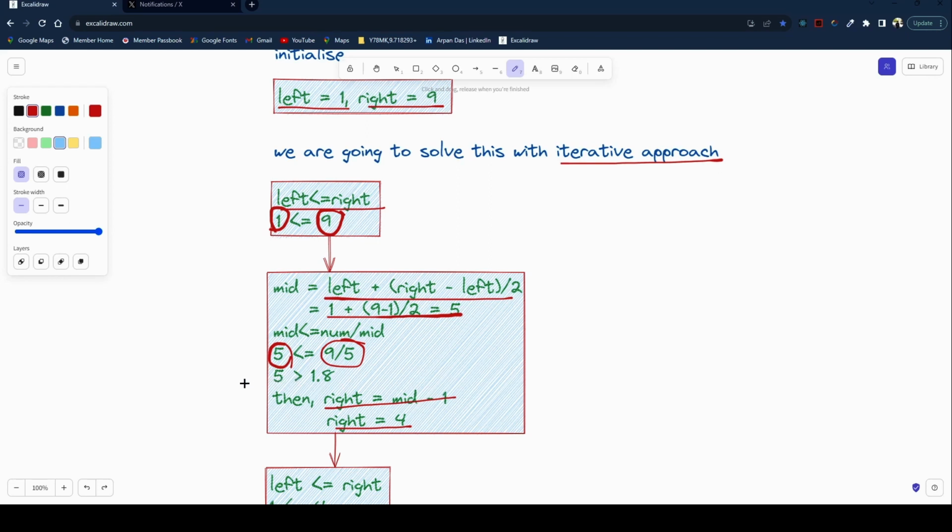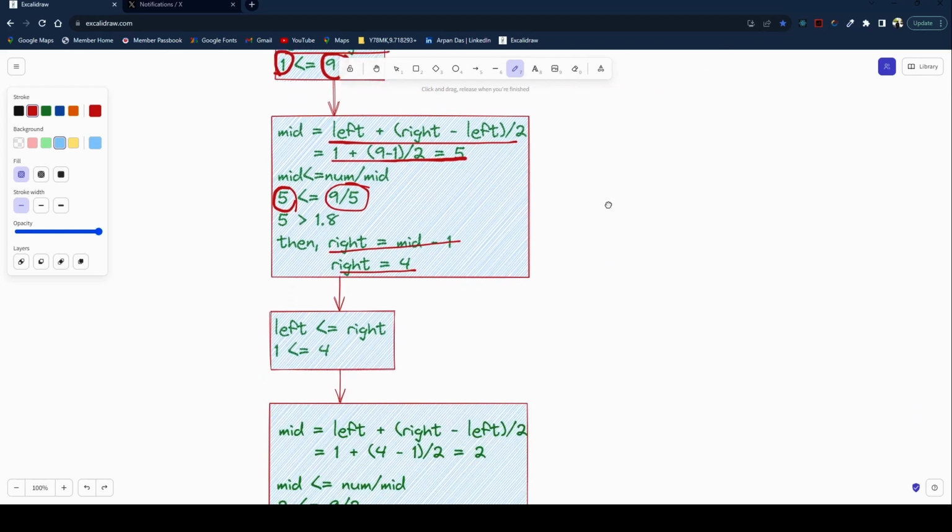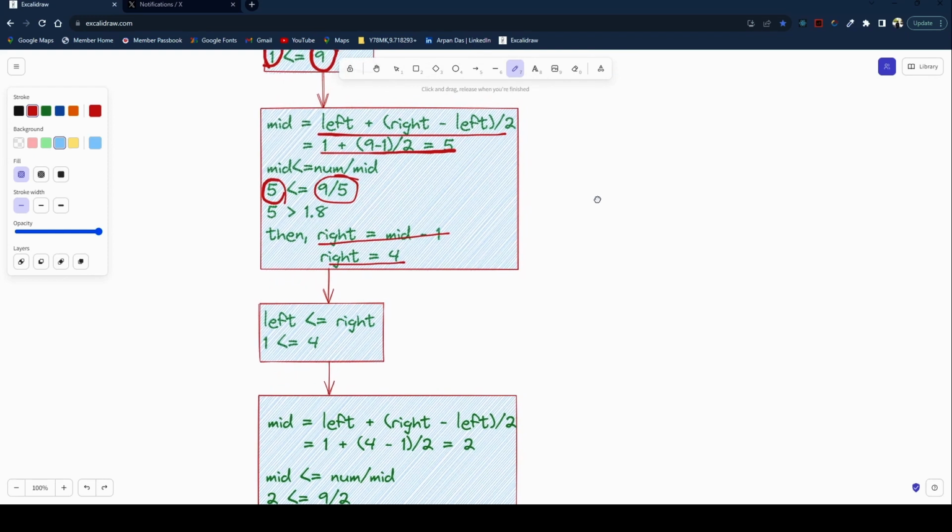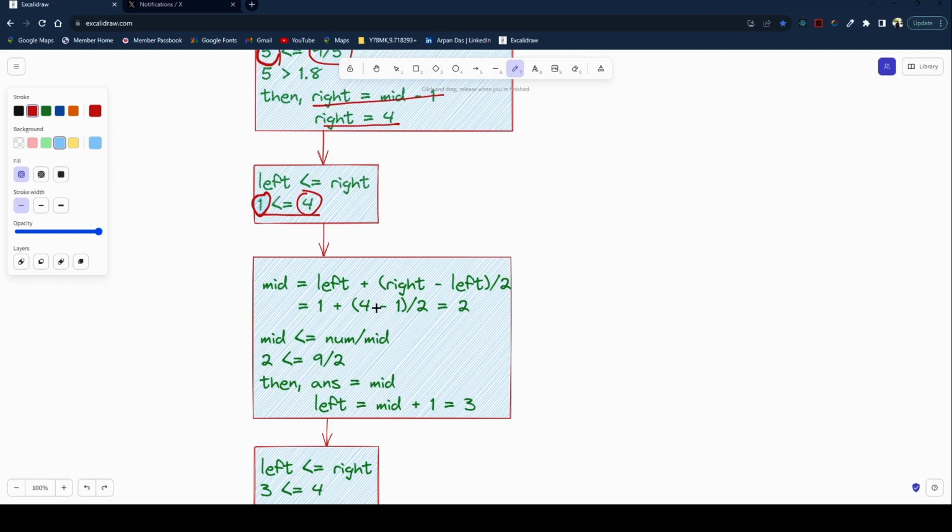That's the first iteration done. Left is smaller or equal to right, and 1 is smaller than 4. Mid equals left plus right minus left divided by 2. The mid will be 2, because 4 minus 1 equals 3, divided by 2 gives 1, and 1 plus 1 is 2.